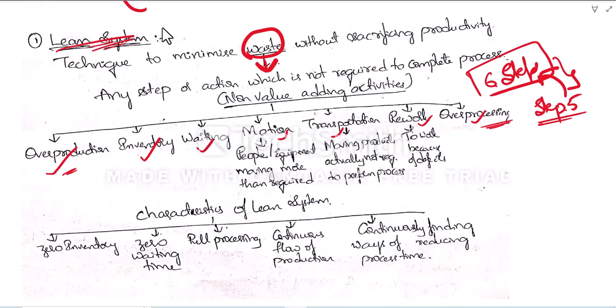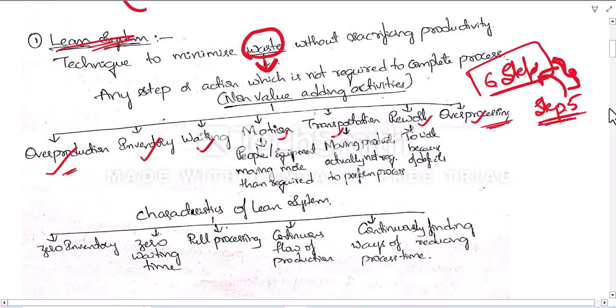So when it is not adding any value, why do we need to waste some production time by doing this? We can give the same product at step 5 only with a lower selling price, and we can earn profit, no? So this step is called overproduction. And overprocessing is also maybe that process might not add value to the final output, so it is also considered as a waste.